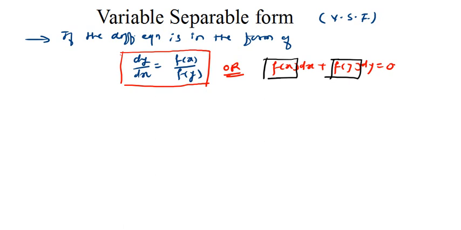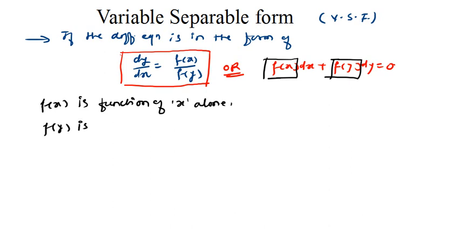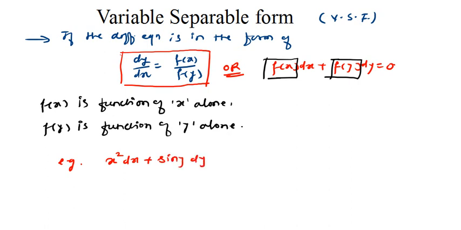That means this f of x is a function of x alone, and this f of y is a function of y alone. For example, suppose we see one example: x square dx plus sin y dy is equal to 0.